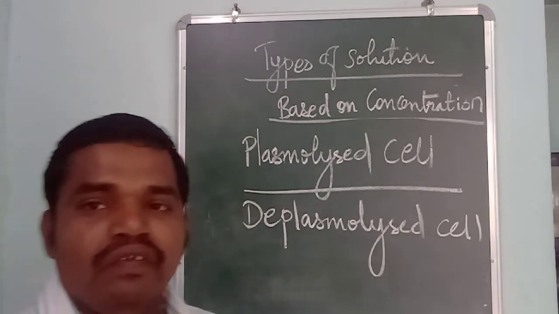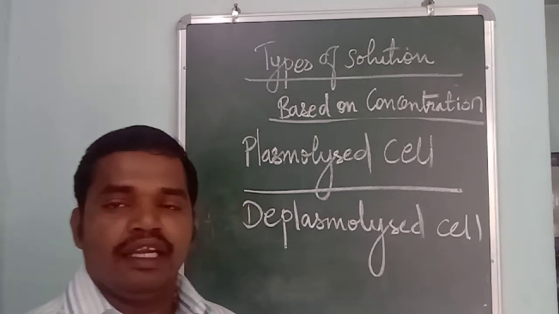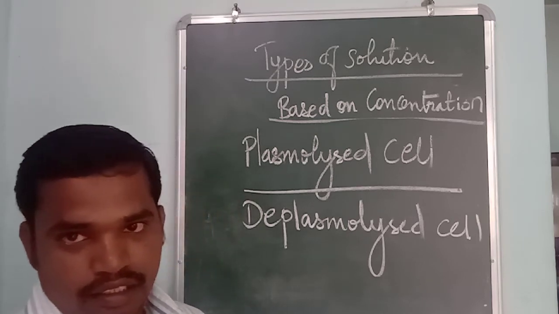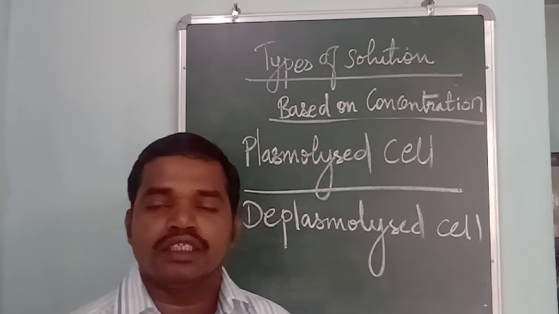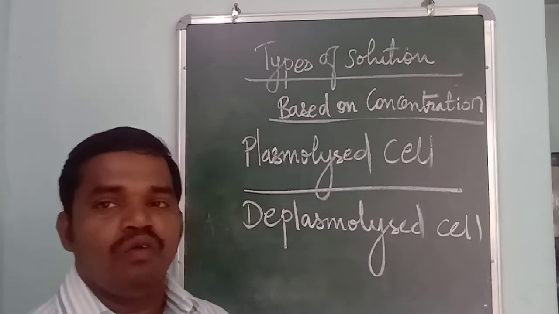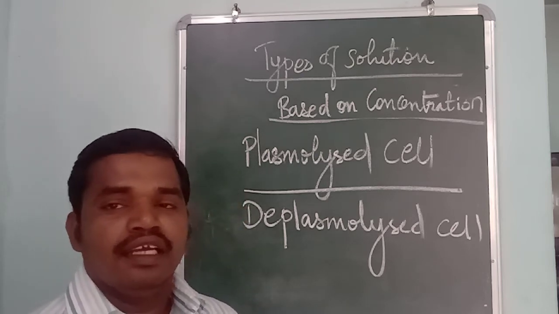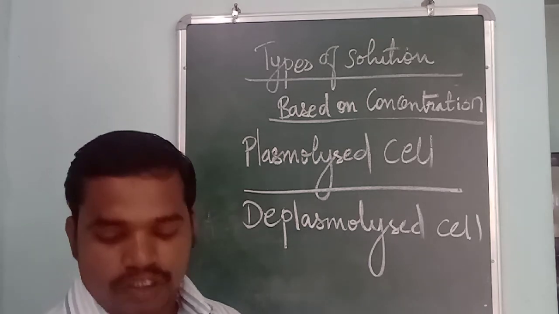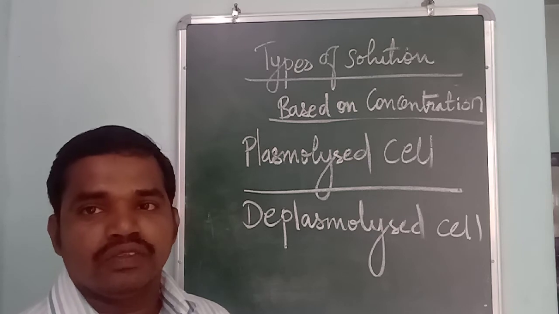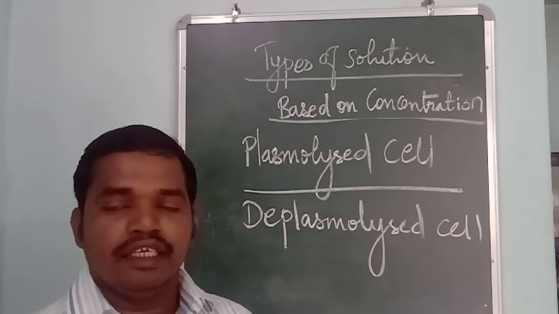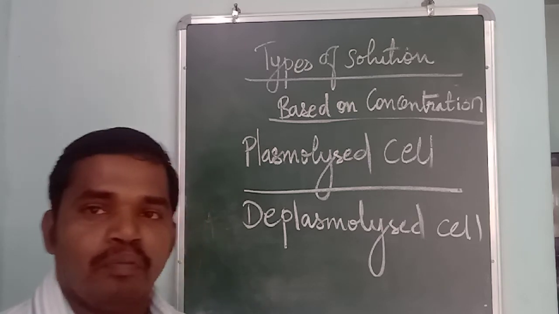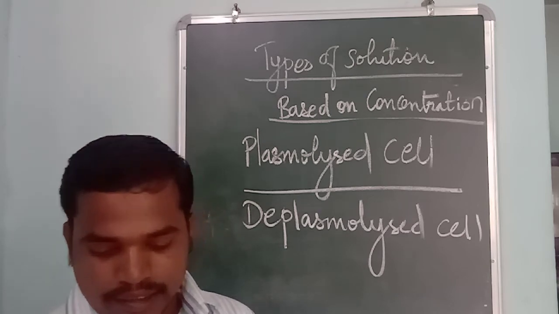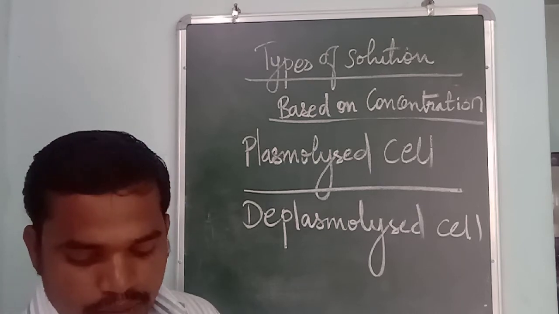As I already told, when a cell is kept in a hypertonic solution, the cell shrinks in size. The cytoplasmic contents move away from the cell wall. This condition is known as flaccid. If it continues further, it is called a plasmolysed cell. The process is known as plasmolysis.